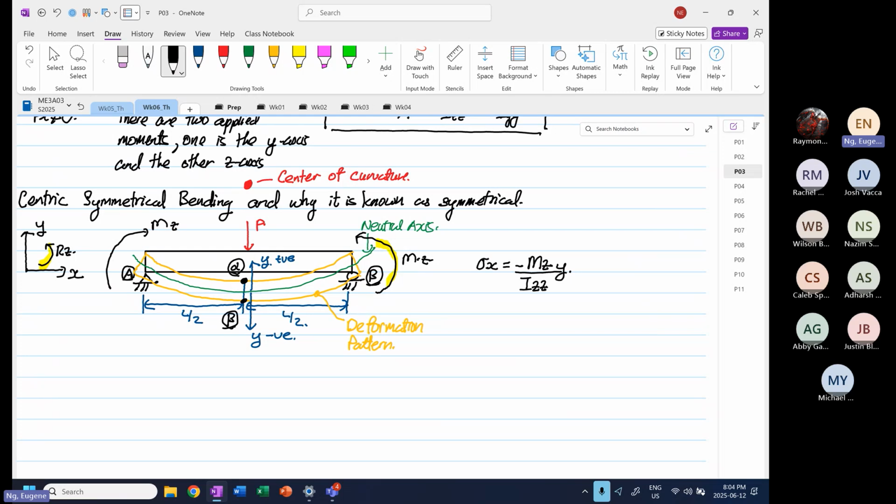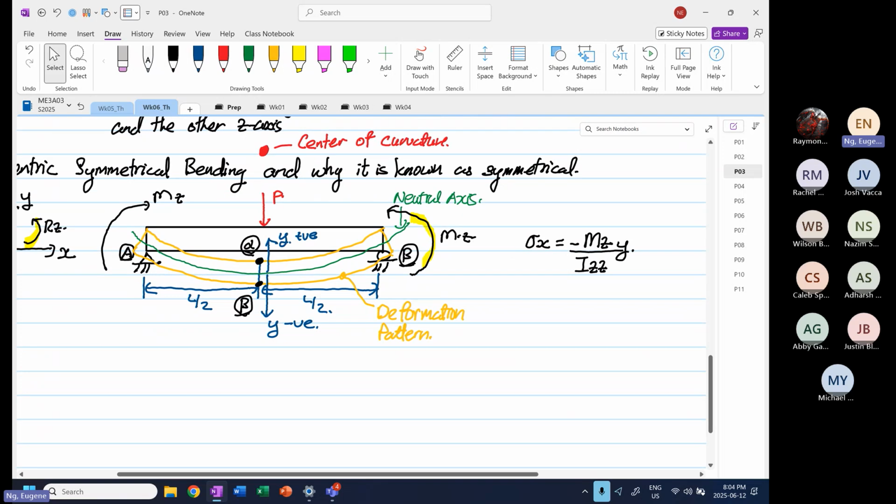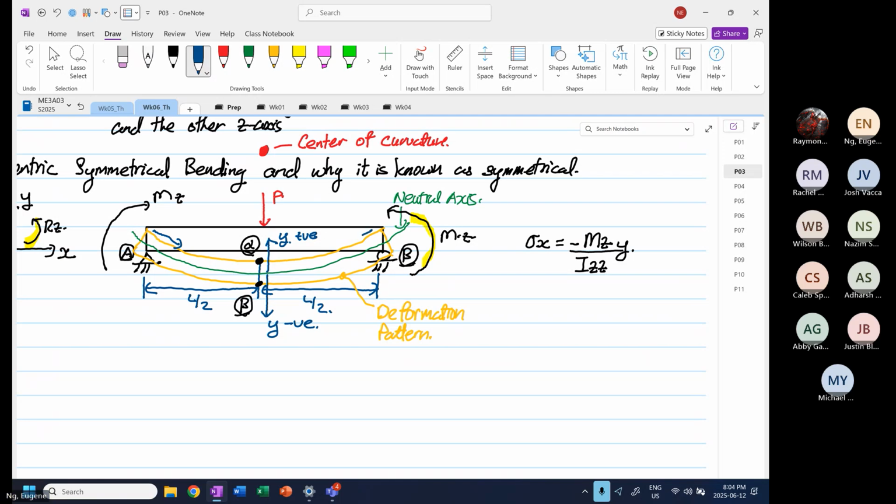Before we go on, I hope you all will agree that at the top, because the moment is acting that way, we know that this is going to be in compression. The top is going to be in compression. And the bottom is being stretched. So the bottom will be in tension. You can see that now, right?